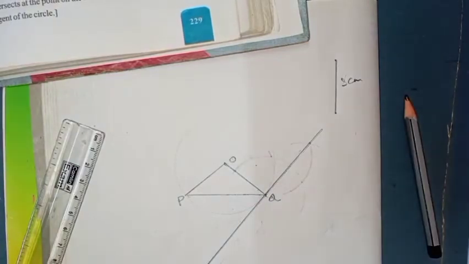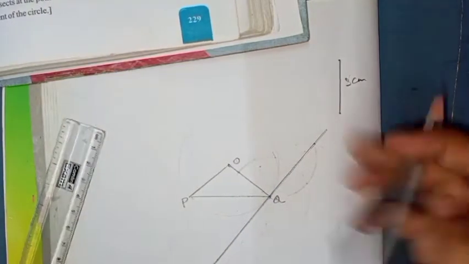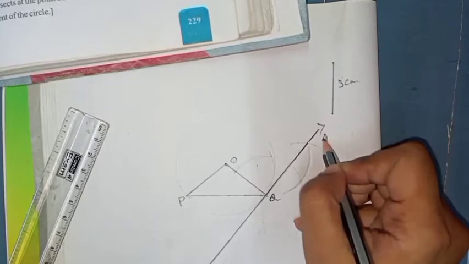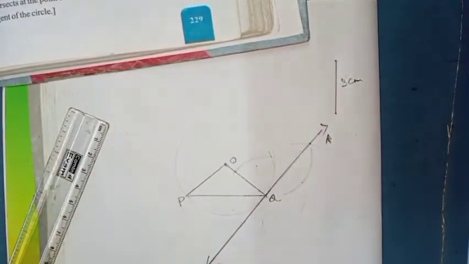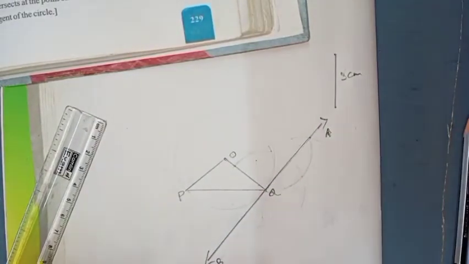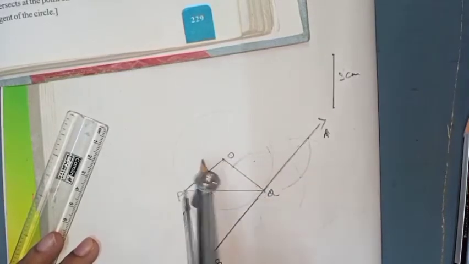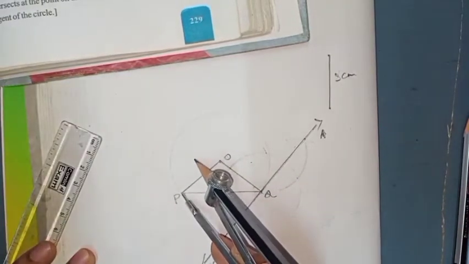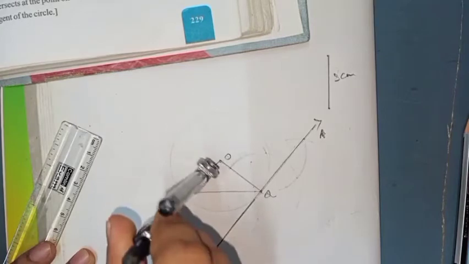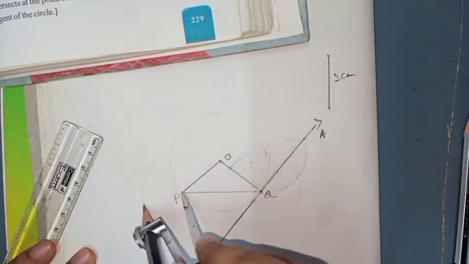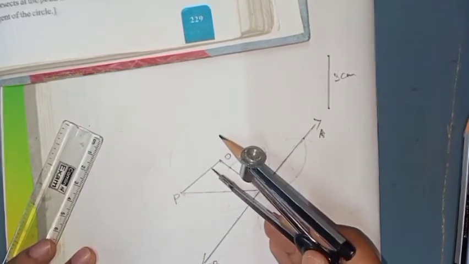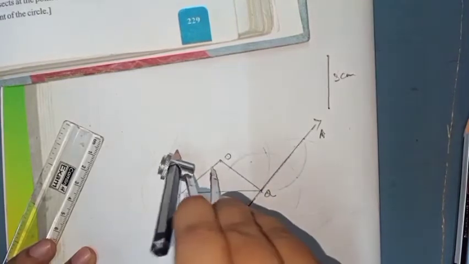Again I will do the same thing. What I will do, okay, I am giving the tangent names A and B. Now I am putting my compass here and I am drawing the same arc here first. Now putting my compass here, one arc.